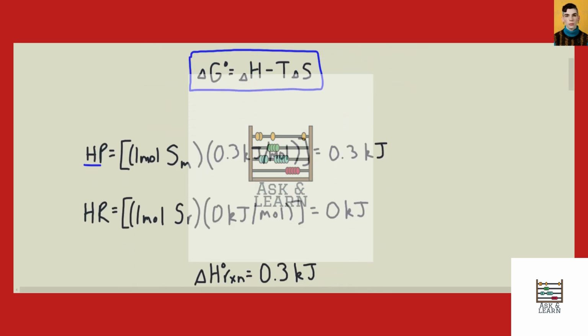And so we have just a single mole of that, and we can look up in the appendix what the change in enthalpy of formation is for that substance. When we multiply those together to cancel out moles and get total energy units of kilojoules for the total change in enthalpy of the products, we get 0.3 kilojoules.